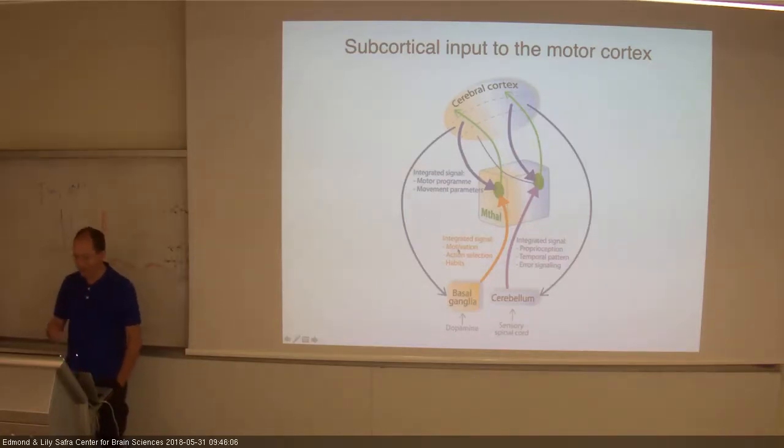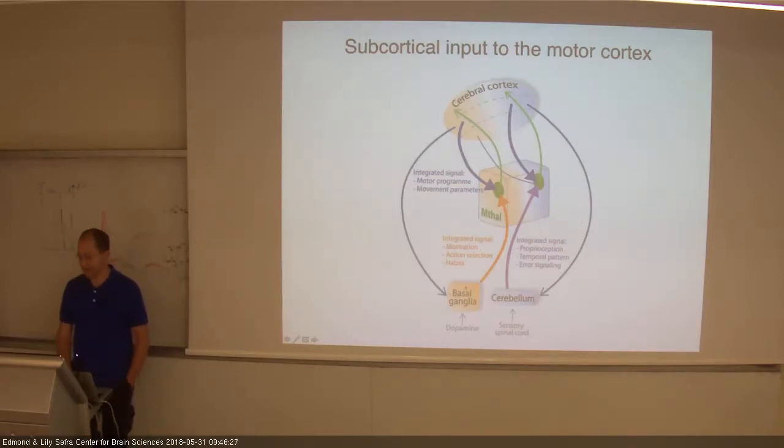So these are ideas. The idea here is that we have the cortex. It talks with the thalamus, and there are areas in the thalamus that the cortex sends projections to. And there are two kinds of loops here. There's the loop through the basal ganglia. This is what you see here.